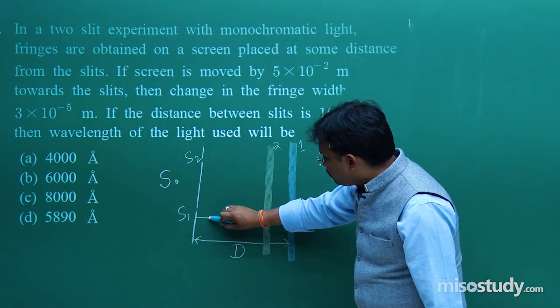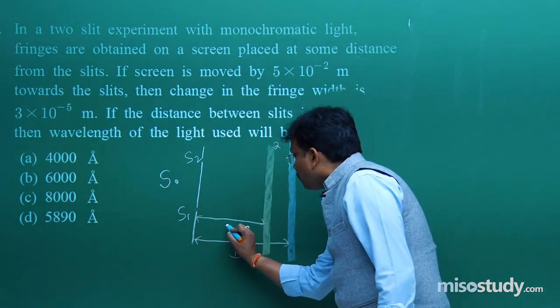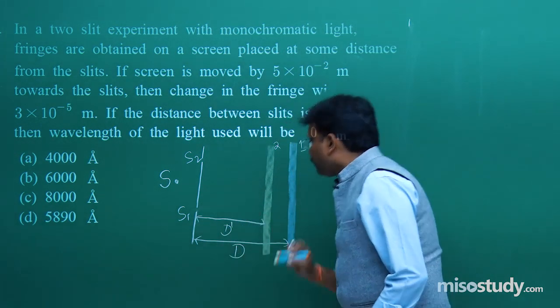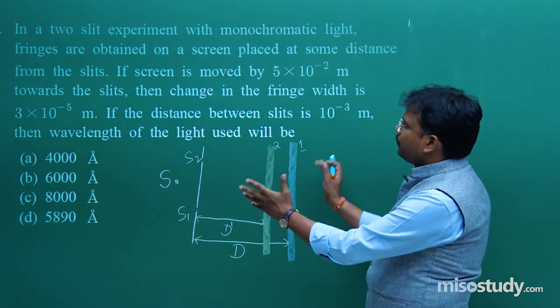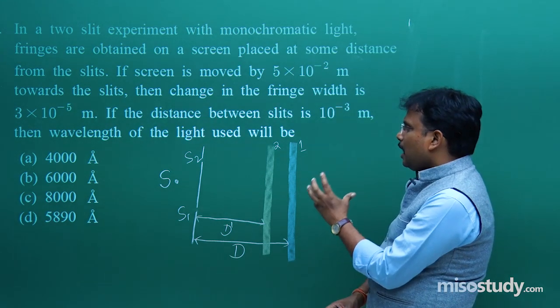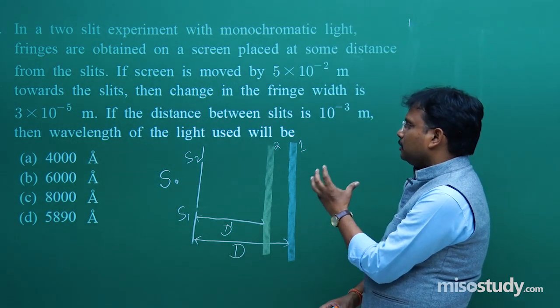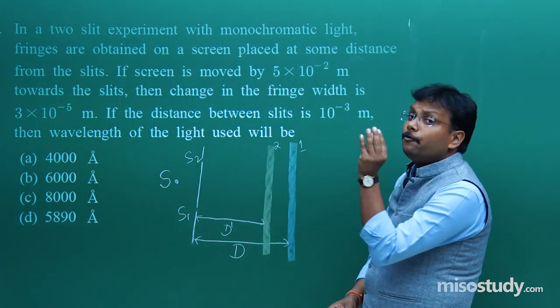Obviously, this distance is reduced to, let us say, D prime. D, D prime, lambda, everything is given in this particular problem. They are interested to find the change in the width of the fringes.